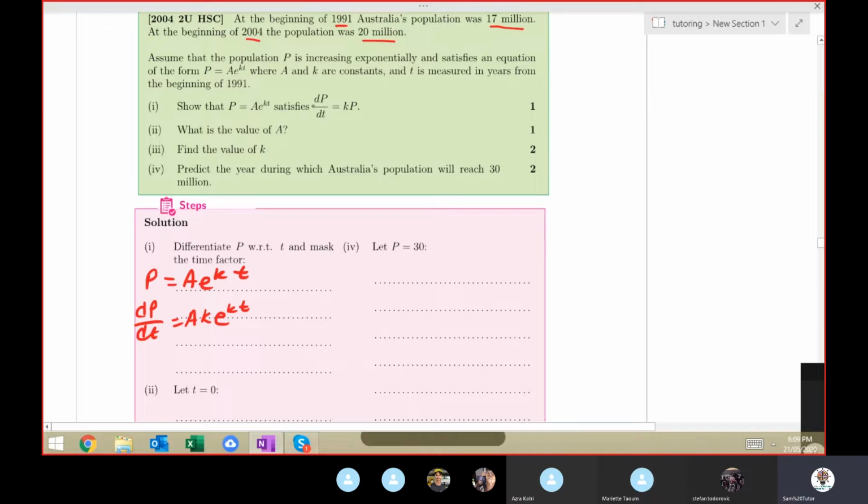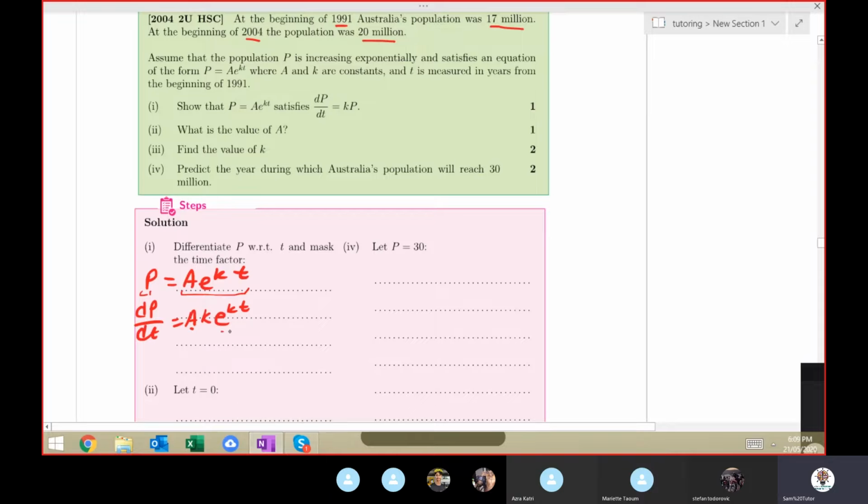But it said it has to become somehow dP/dt, so the derivative has to be k times P. Can you guys see that P is actually A e^(kt)? P is A e^(kt).